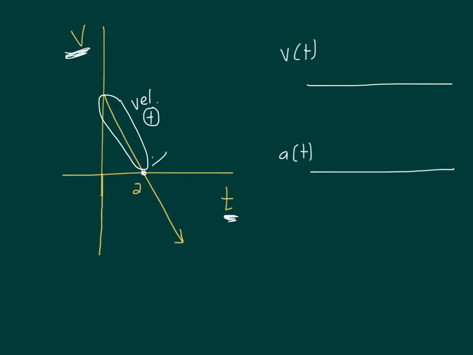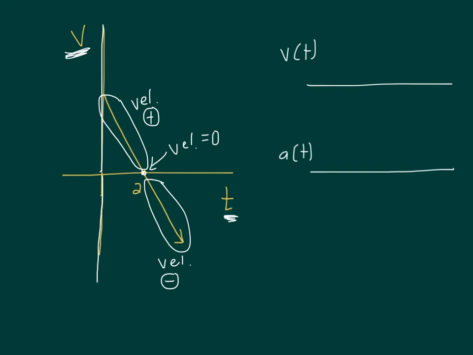At this point where t is 2, that's where the velocity is equal to 0. And then down below here, this is where our velocity is negative. Okay? So above the x-axis, we have a positive velocity. Below the x-axis, we have a negative velocity.